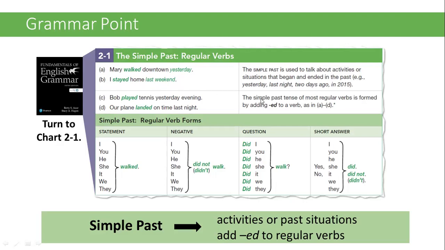Nah, guys, as you may know, simple past tense of most regular verbs is formed by adding ed. Ya, verb itu kan ada dua macam ya dalam bahasa Inggris, ada irregular verb sama regular verb. Nah, kalau regular verbs itu untuk simple pastnya harus kita kasih ending ed.